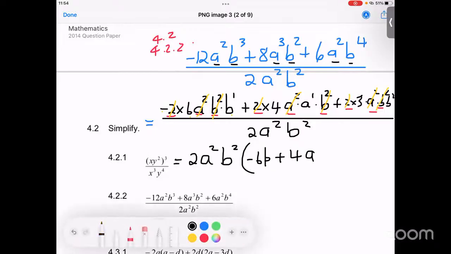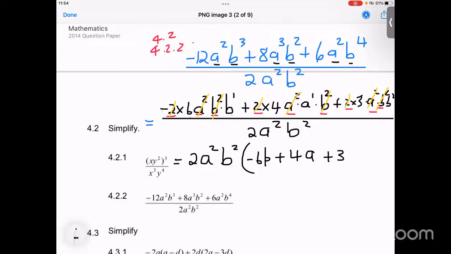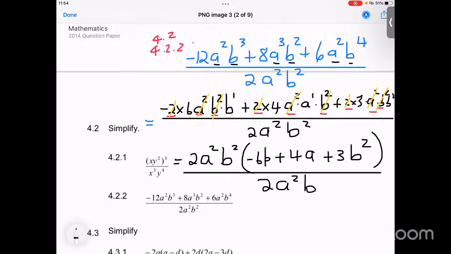It looks like I'm just remaining with that positive 3 and the other b squared. Yes, looks like that's what I'm remaining with there. And the whole of that is being divided by 2a squared b squared.